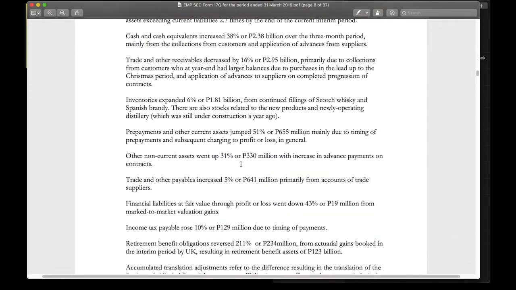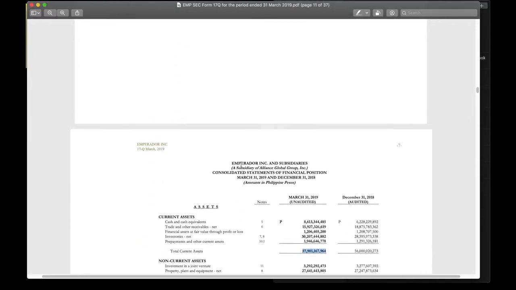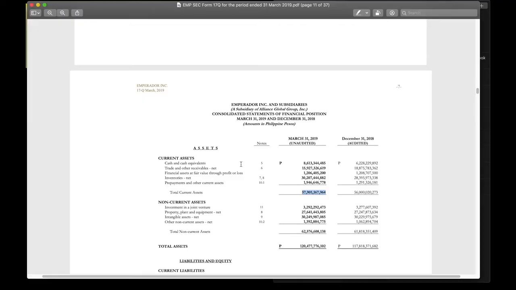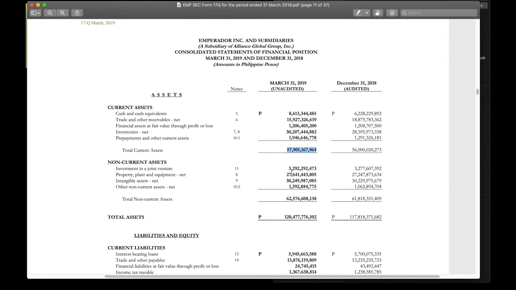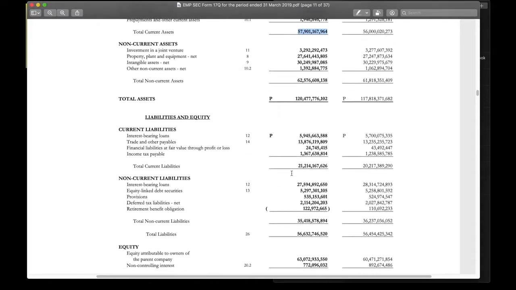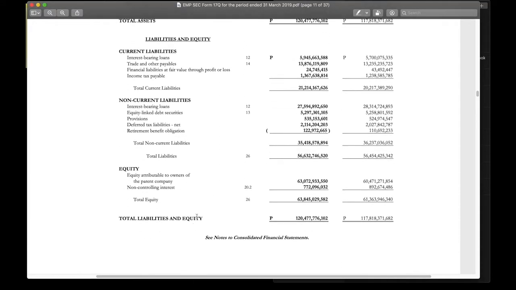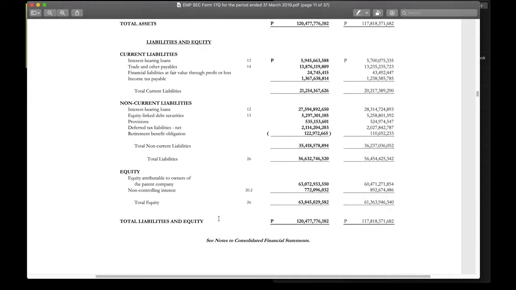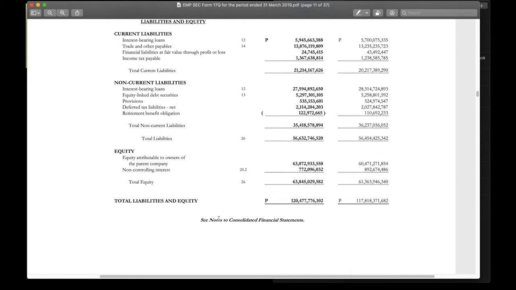So, ayan. Ito ang itsura ng report na yan. On this report, i-browse ko lang, no? You can see the consolidated statements of financial position. This is actually a balance sheet. Balance sheet yan. We have here the total assets and the total liabilities and equity. Diba yung golden formula sa accounting, assets is equal to liabilities plus equity.